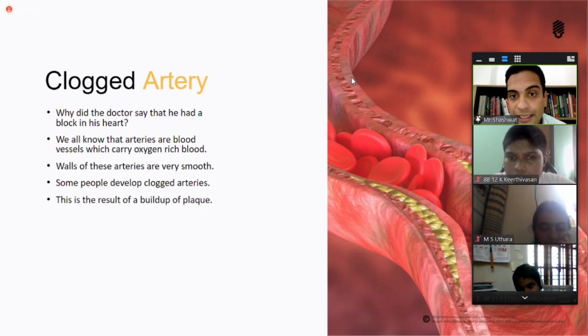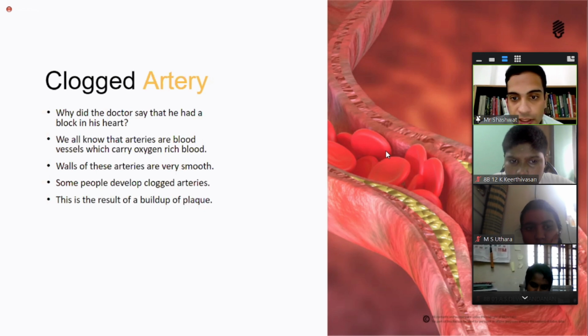Now, if you look inside the walls of these arteries inside our bodies, they are very smooth. Now, some people develop clogged arteries. What you see on your screen is a depiction of a clogged artery. Can you see a yellow substance inside this artery? Now, this yellow substance is called plaque.